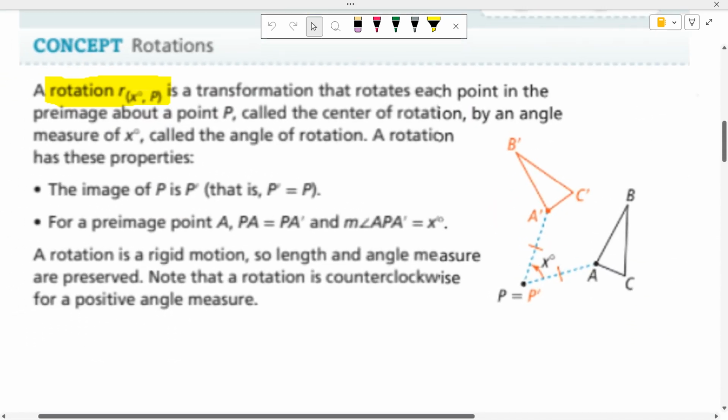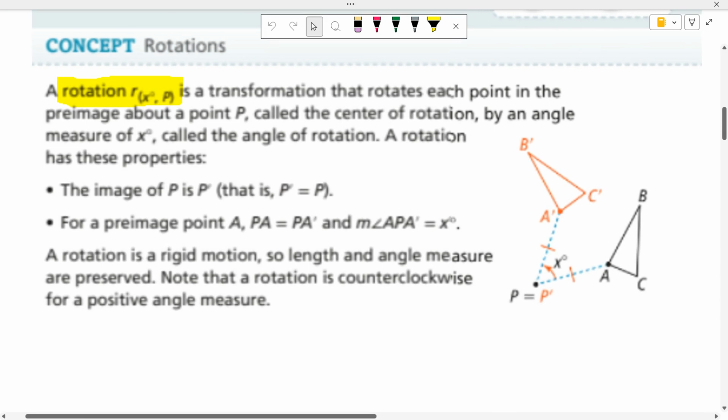So rotations, here you go. There's your definition. A rotation is a transformation that rotates each point of the pre-image around a point P called the center of rotation by the angle measure of x called the angle of rotation. Okay, so go from there to there. Long definition.